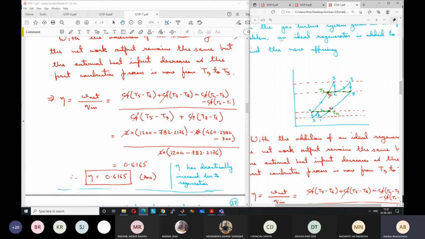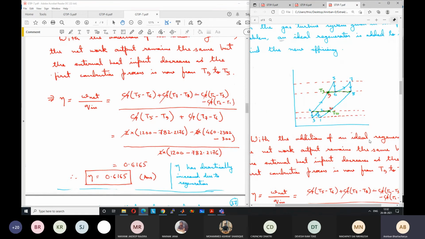For an ideal regenerator, T9 should be equal to T8, and T8 we have found to be 782.2176, or equal to T6, the same thing, 782. So you can plug in the values and you will get 61.65% efficiency, 0.6165.